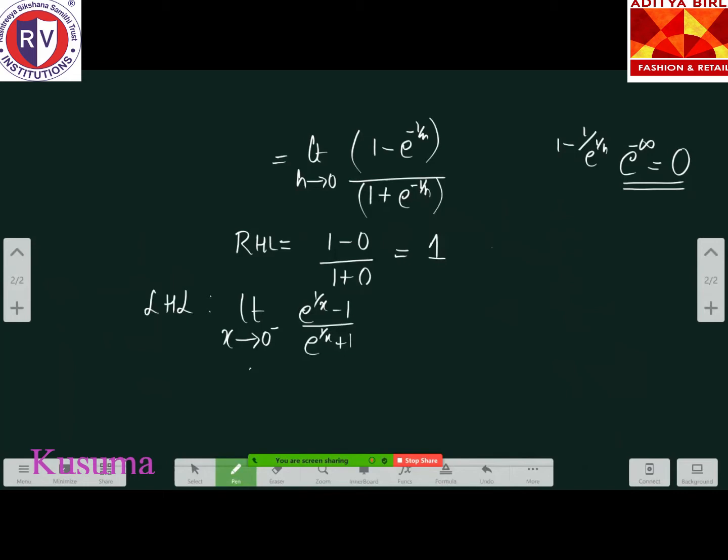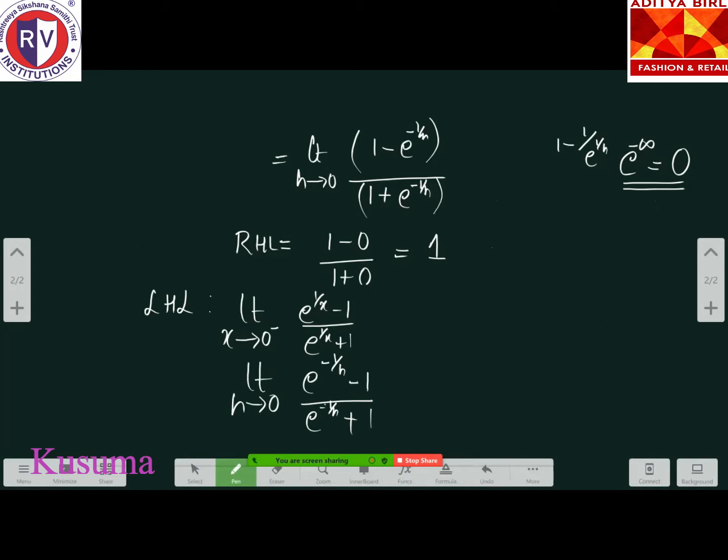So here we can write it as limit as h tends to 0. Since x is approaching 0 from the left side, the h will be negative here. That is limit as h tends to 0 of e to the power of minus 1 by h minus 1 divided by e to the power of minus 1 by h plus 1.